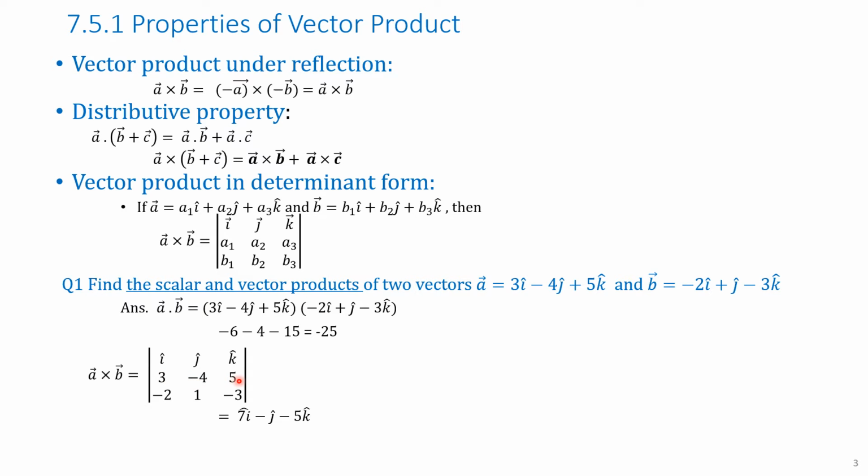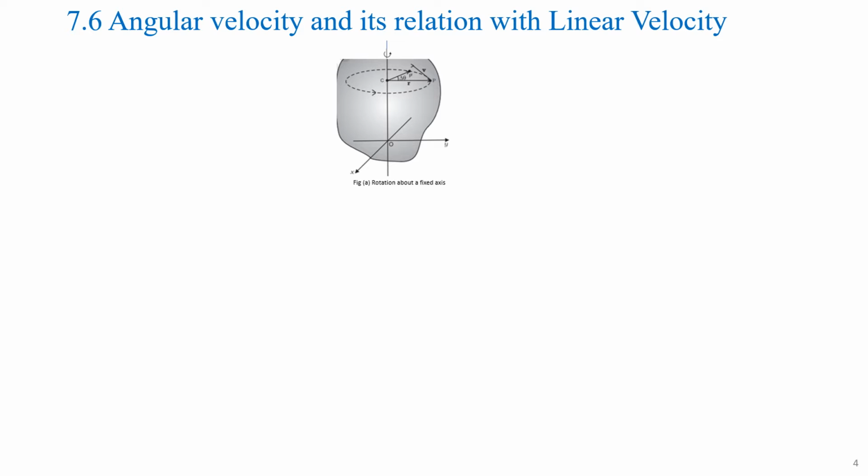These are the given. And in the third row, we write the coefficients of unit vectors of vector B, minus 2, 1 and minus 3. Simplifying, we get 7i minus j minus 5k. This is simplified using the determinant principle. So this is the difference between two vectors.